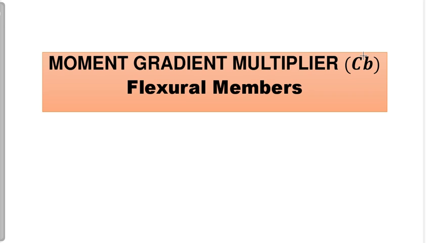Okay? So this is another factor that we need to calculate or evaluate in the design and the analysis of our flexural members. Ito yung tinatawag nating CB or yung moment gradient multiplier natin.